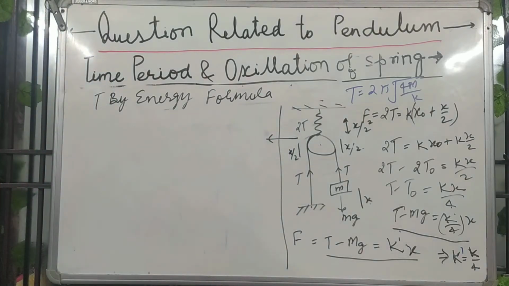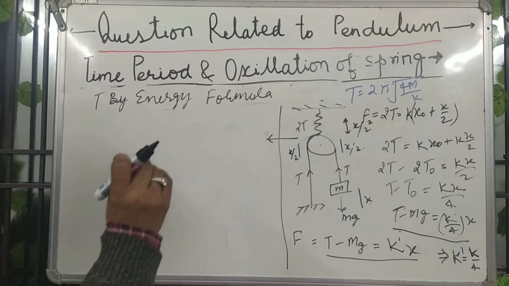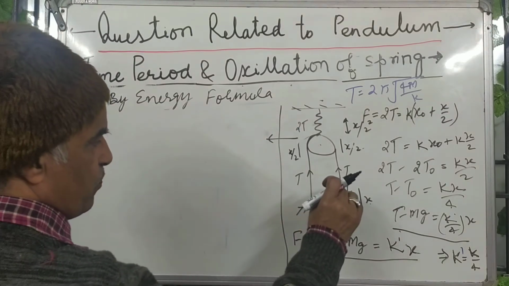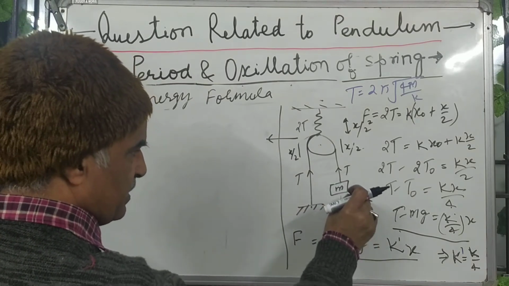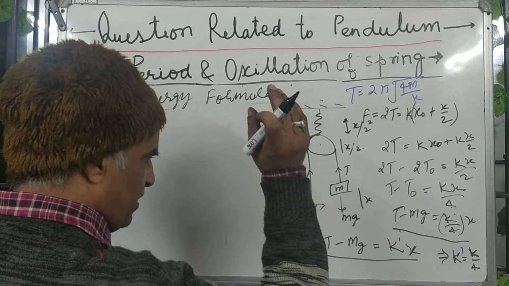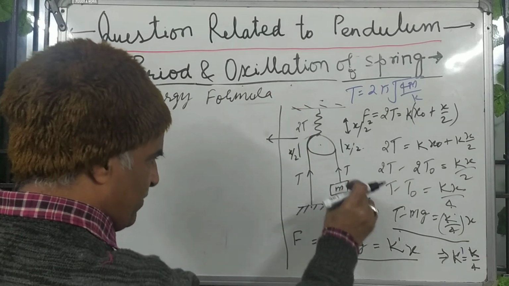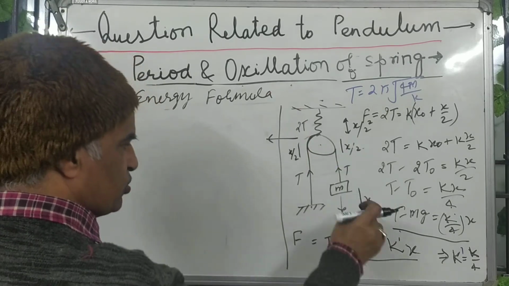So here I am going to write that there is a loss in potential energy of the mass and a gain in kinetic energy of the mass body. It starts oscillating.